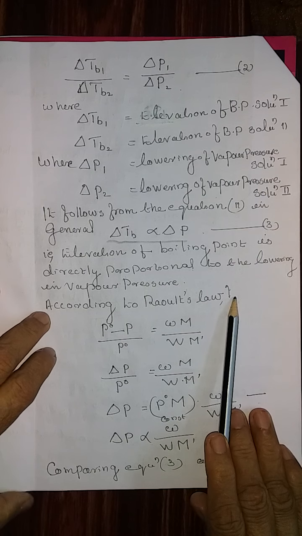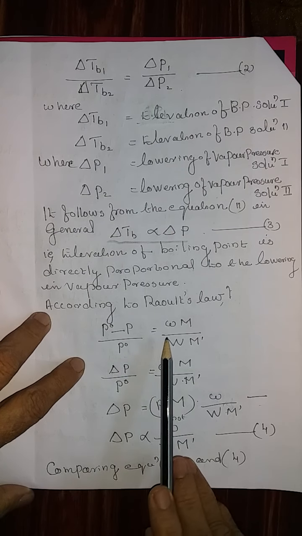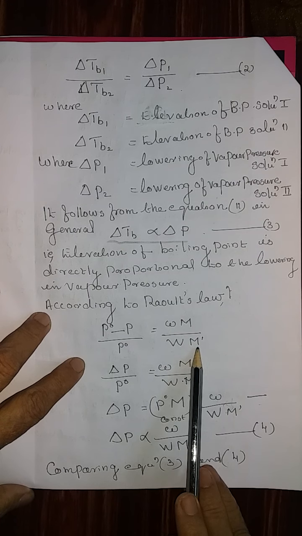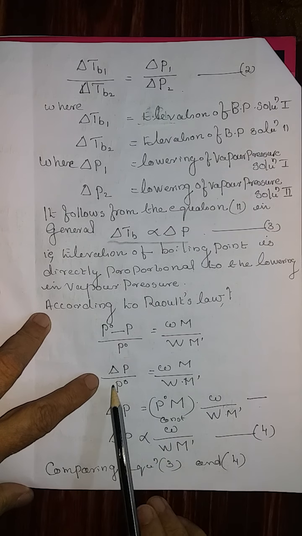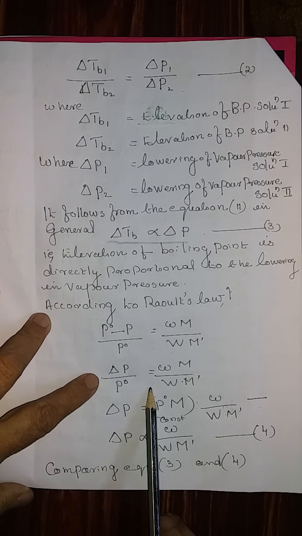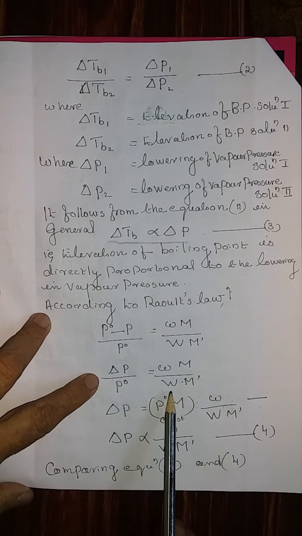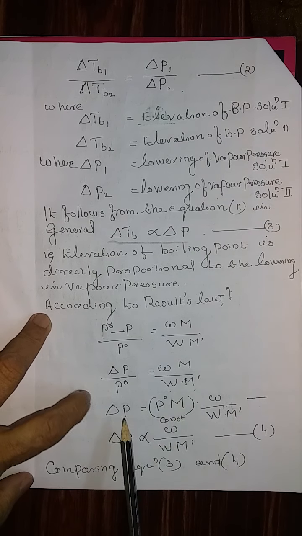According to Raoult's law, P0 minus P by P0 is equal to small w into M divided by capital W into M dash. P0 minus P can be written as delta P. Delta P by P0 is equal to small w into capital M divided by capital W into M dash.